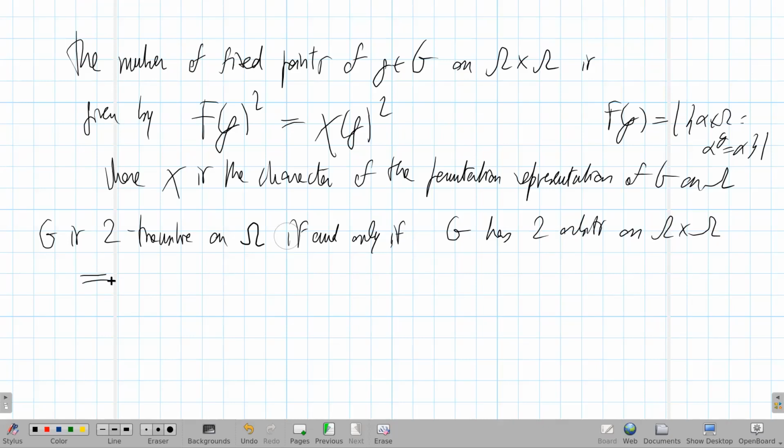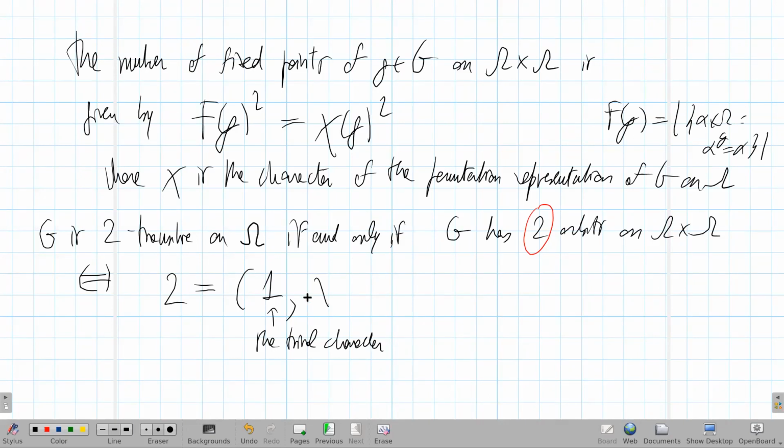But now we use the Cauchy-Frobenius lemma, which tells us that this number of orbits, 2, comes out as the inner product of the trivial character with the character of the permutation representation of G on omega times omega.